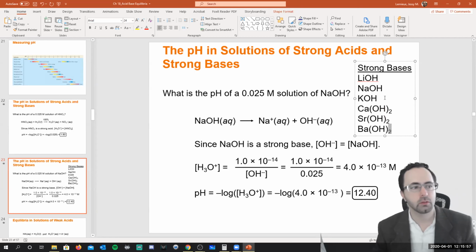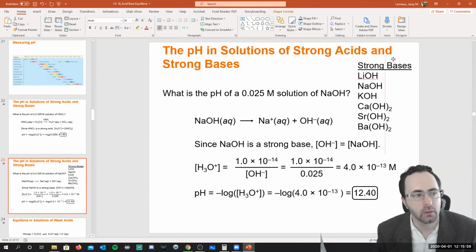So those are your 6 strong bases. There are 6 strong acids, 6 strong bases. The other group 1 hydroxides are also strong bases, but we don't encounter them very often. So sodium hydroxide is a strong base we're dealing with here.